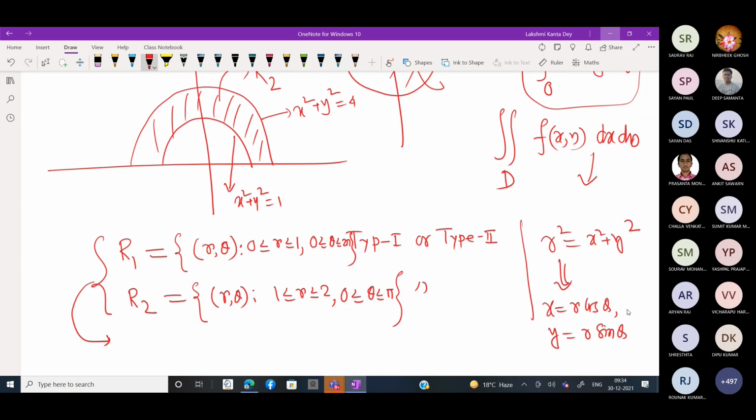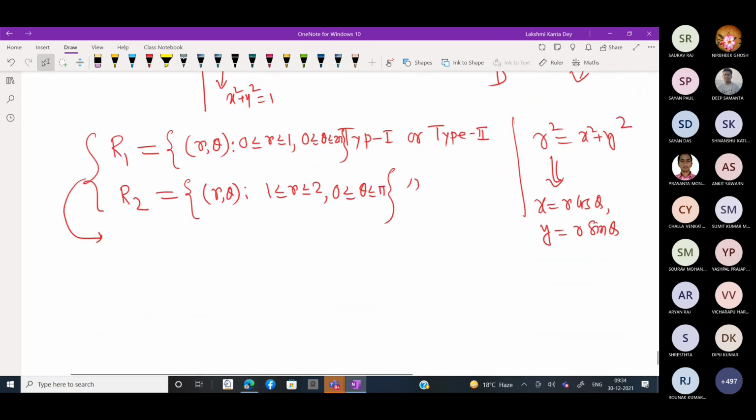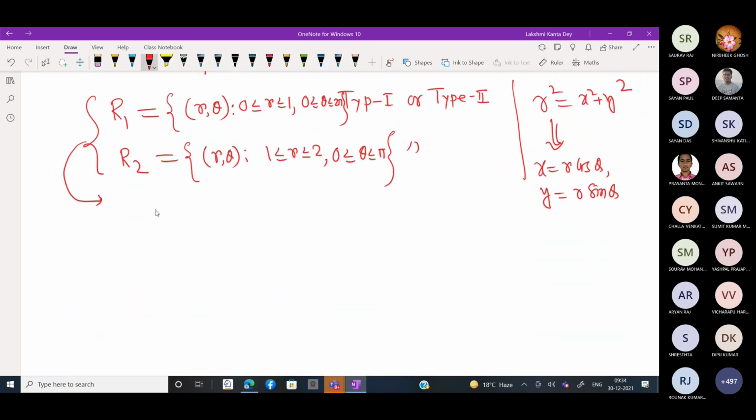So if we try to draw the picture, say for example, this is your x and this is your y, initially your Cartesian coordinate system, and this is your P x comma y. This is basically y, this part is x.